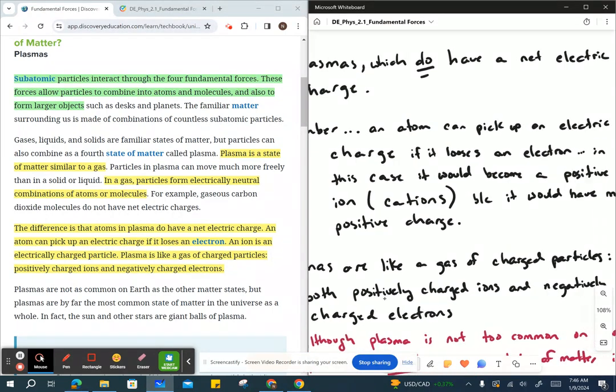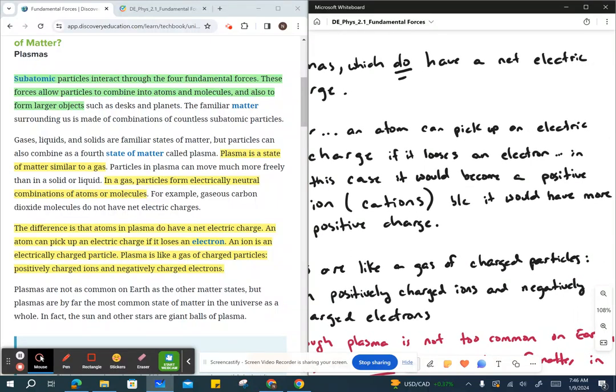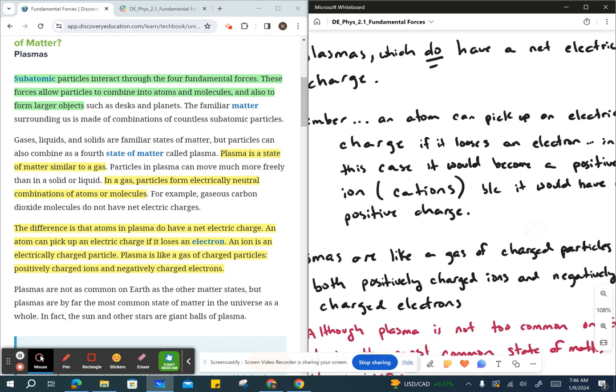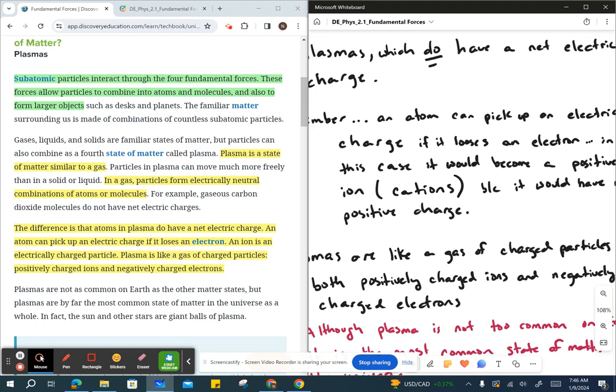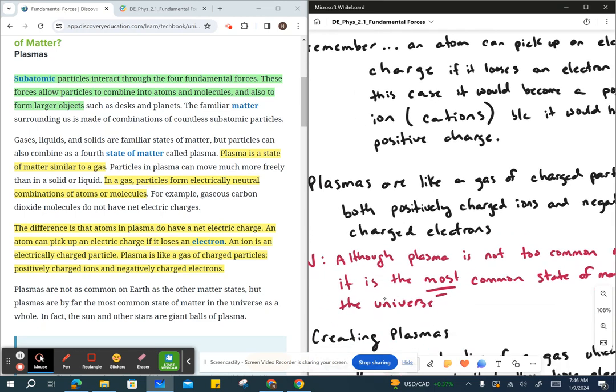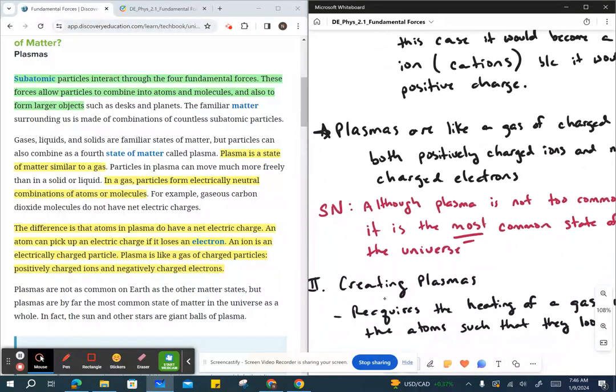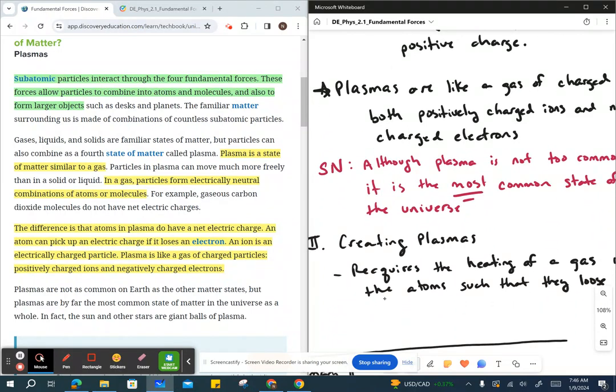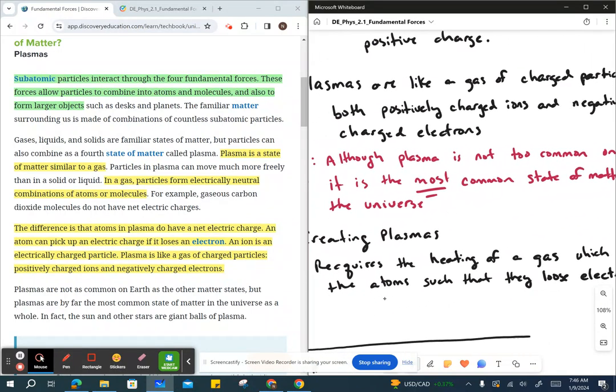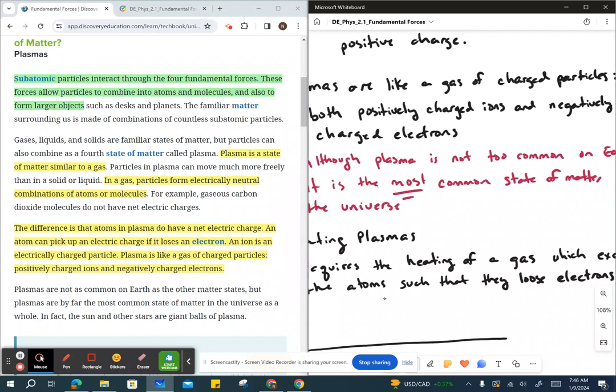Remember, an atom can pick up an electric charge if it loses an electron. In this case, it would become a positive ion, what we call cations, because it would have more positive charge, more positive protons. And again, we talked about that as well. Plasmas are like a gas of charged particles, both positively charged ions and negatively charged electrons.